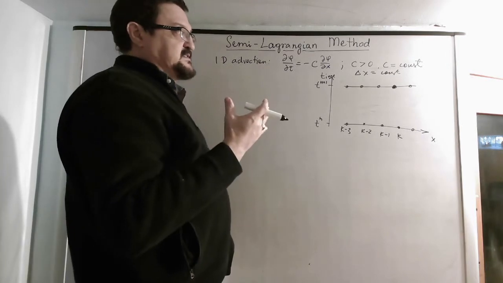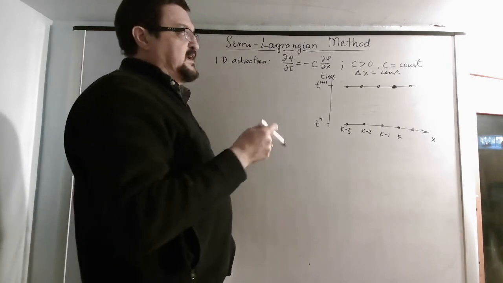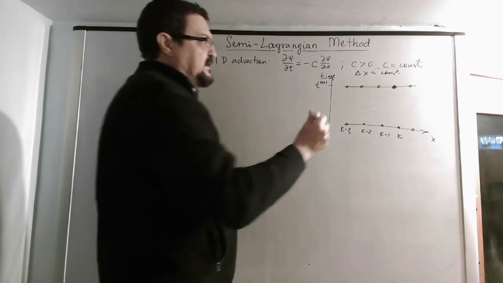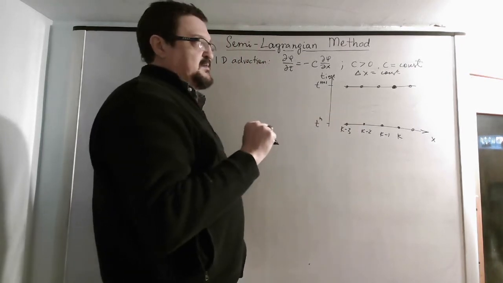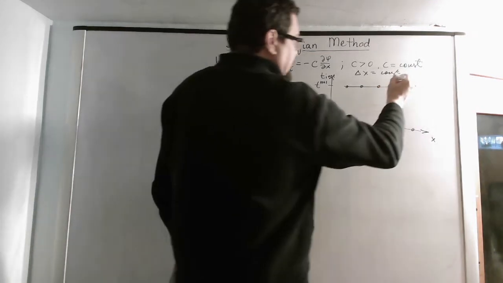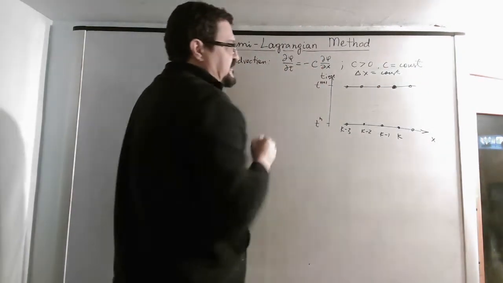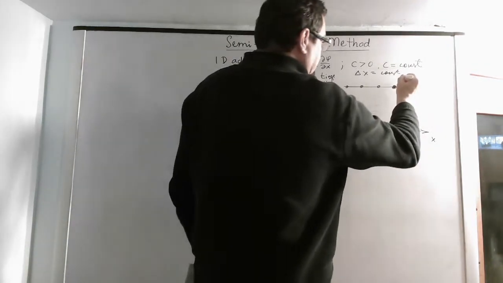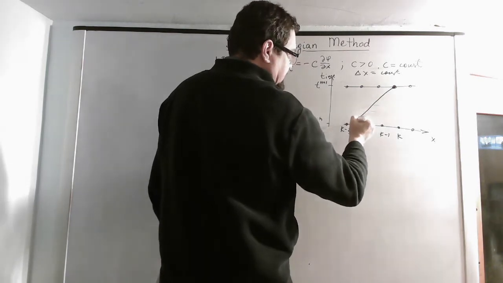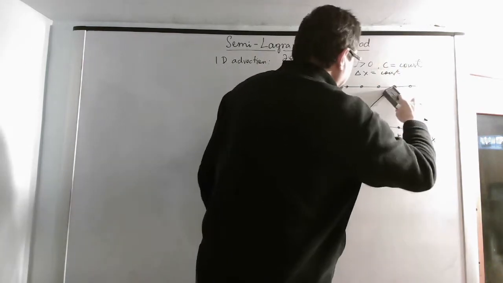We know that signals propagate with velocity c. So there are so-called characteristics, or in this case one characteristic. A characteristic is basically a trajectory in space-time. It's a line in this case because c is constant. If we trace it back, it should be a straight line.